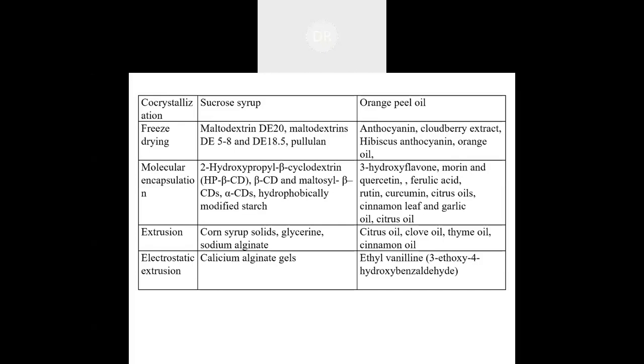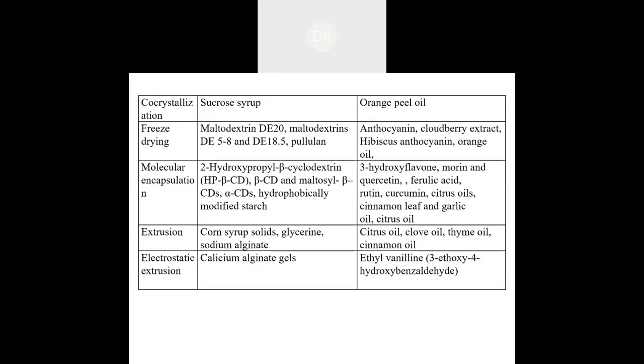Then molecular encapsulation is used for ferulic acid, curcumin, citric acid, cinnamon leaf extract, and citrus oil, and these can be encapsulated with the modified starches.